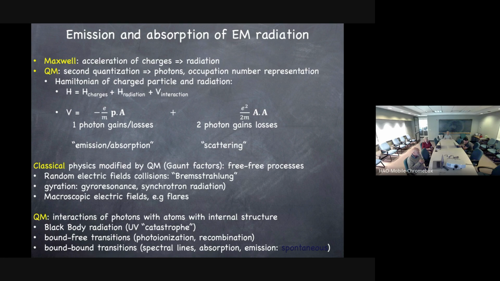So it's a mix of the two, and we end up talking about rates of transfer and different kinds of radiation, but they all come down to one thing: in classical mechanics, acceleration of charges leads to radiation.